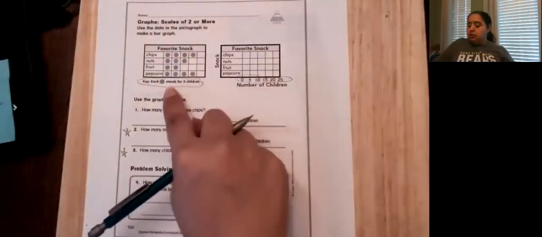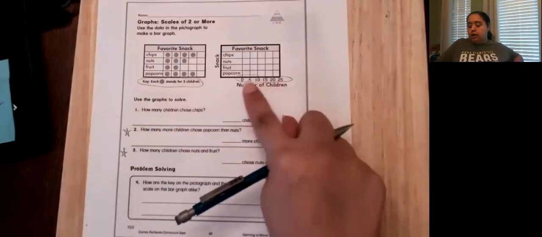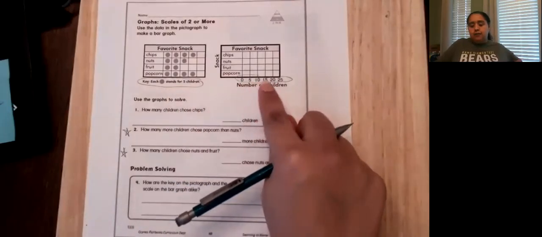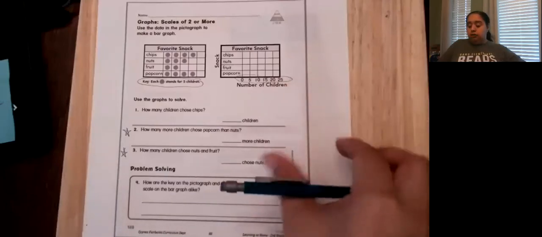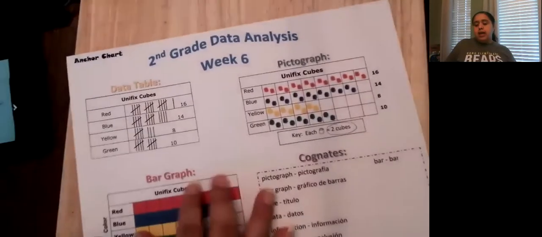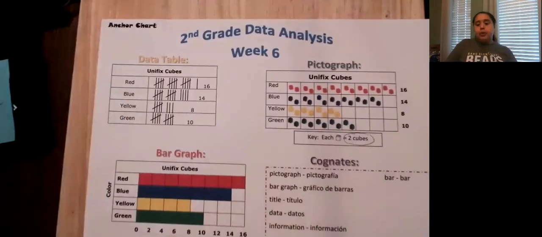My scale and my keys were counting by 2. Notice how now you are counting by 0, 5, 10, 15 by 5s, okay? So make sure you're careful with that. Make sure you have your 2 math pages that you're going to turn in, and make sure you look at the other video that is posted by the other teacher, okay?